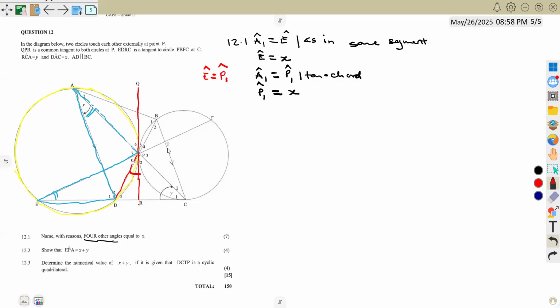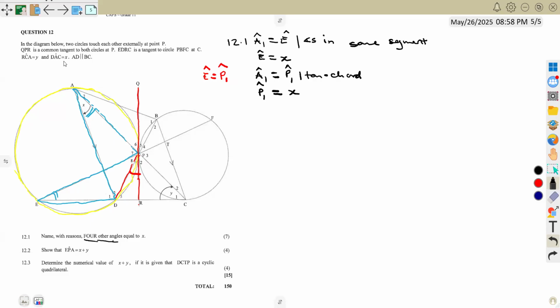The reason will still be tan chord, because the angle between a tangent and a chord must be equal to the angle in the alternate segment. Then it concludes that P1 is equal to X.